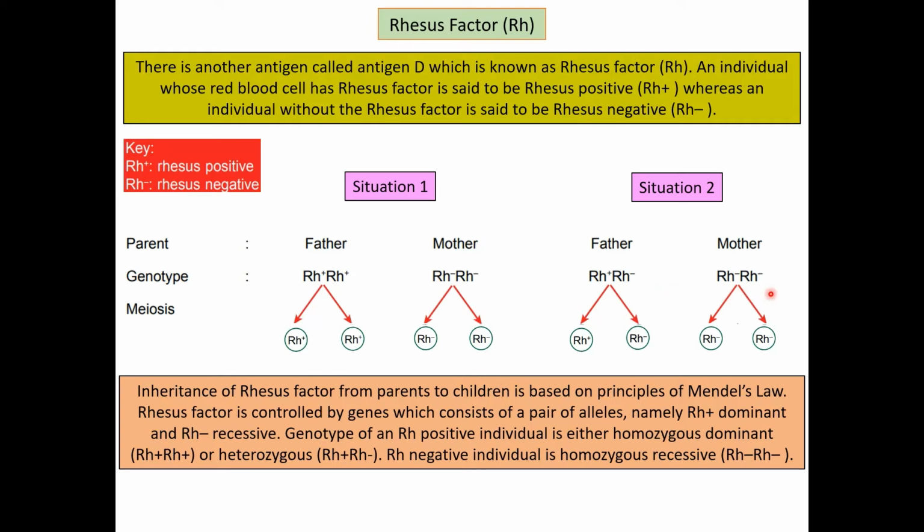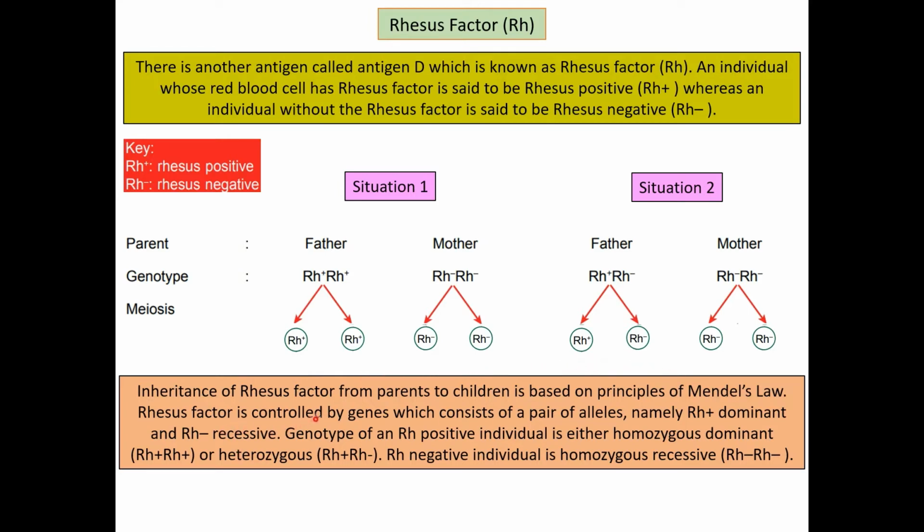The mother is homozygous rhesus negative. Okay, both are the same, homozygous rhesus negative. This is heterozygous rhesus positive because positive is dominant over rhesus negative. Okay, these are the gametes.